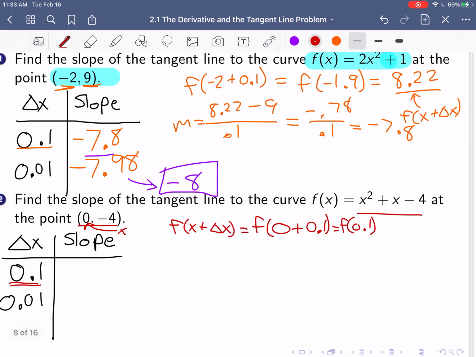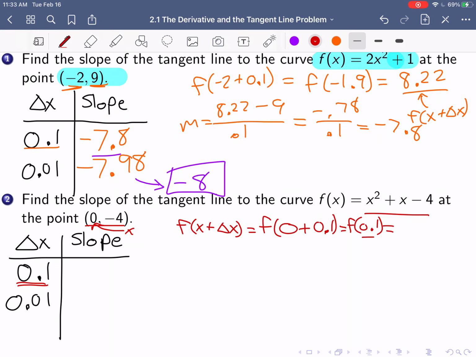When we plug 0.1 into the original function, what do we get? Negative 3.89. So we're going to find the slope, the change in y over change in x.